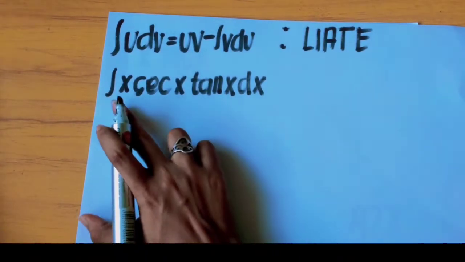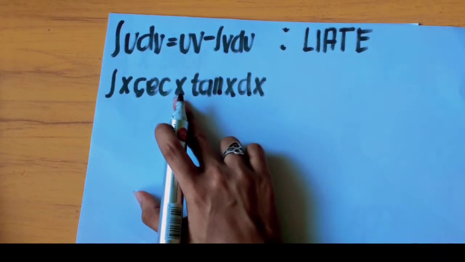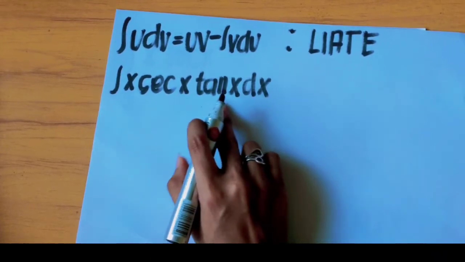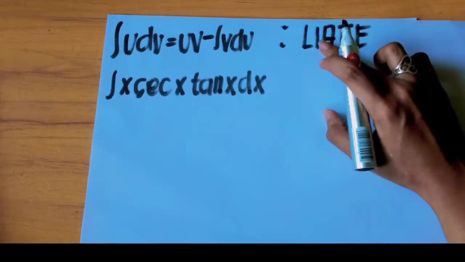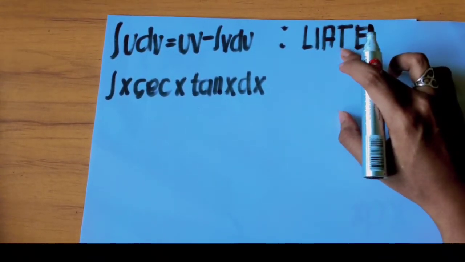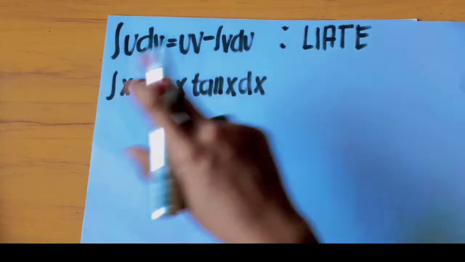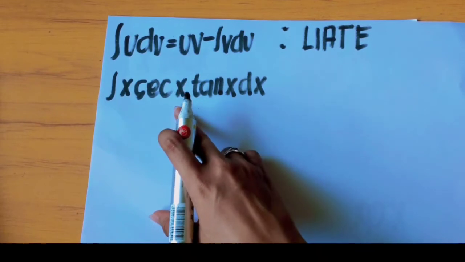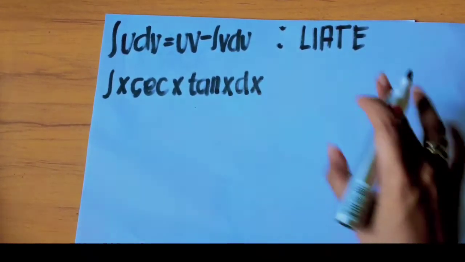We all know that this is algebra at this is the trigonometric. Based from LIATE, nauna yung algebra bago ang trigonometric. So, the u will be the x and the dv is secant x tan x dx.